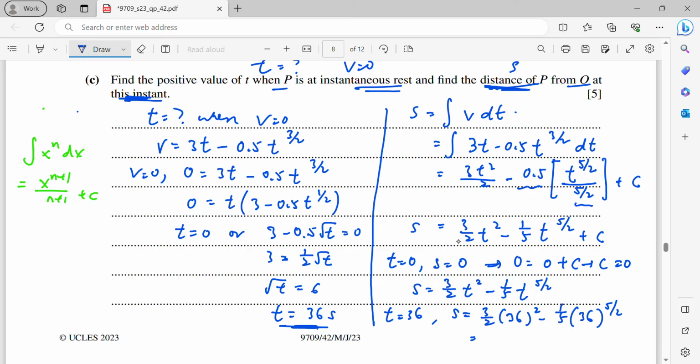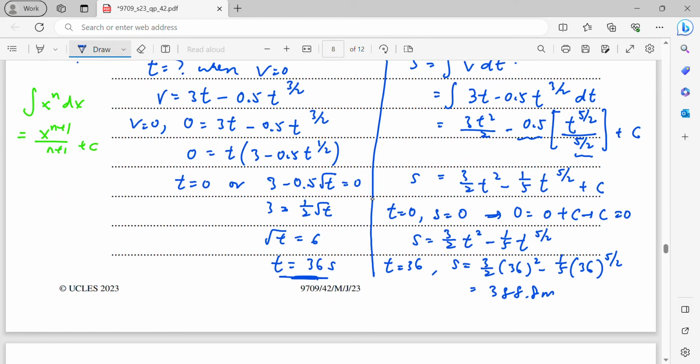That means you will be getting 388.8 meters. Okay, so if you want to round up, then it will be 389 meters, which is correct to 3 significant figures.